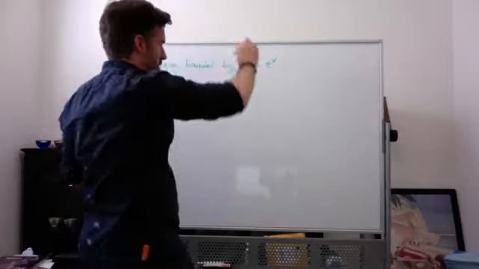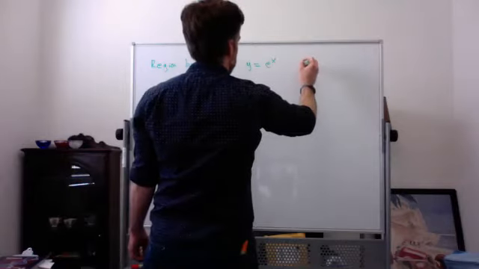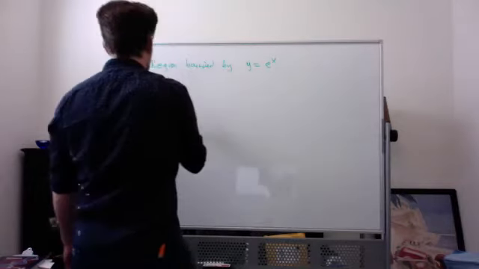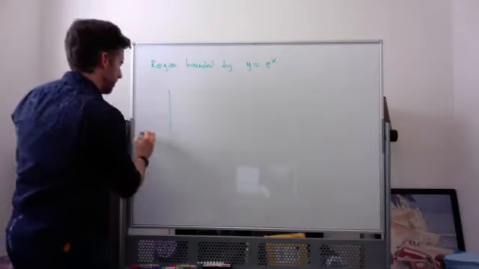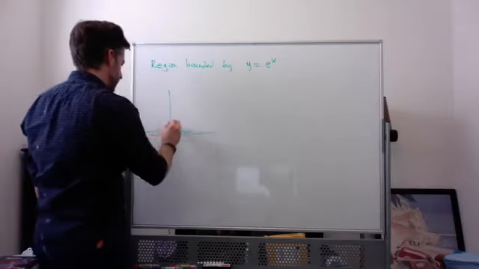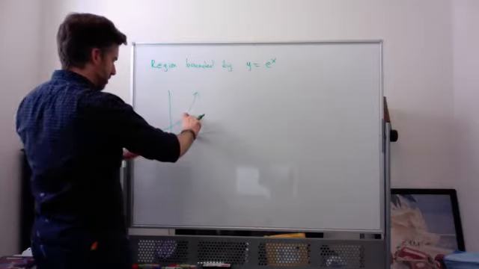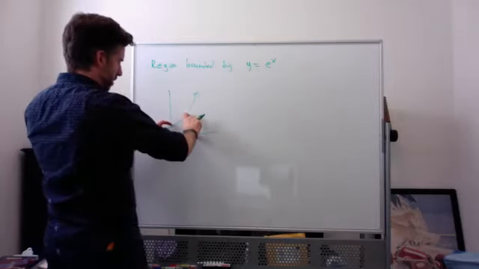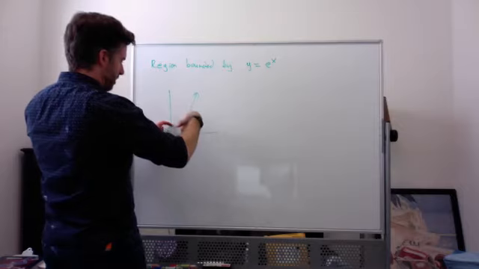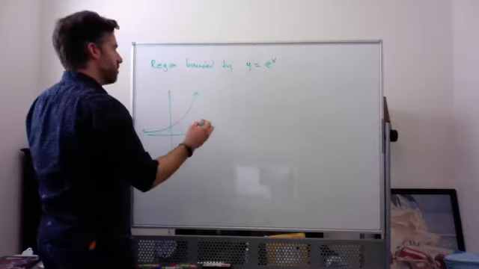Y equal to e to the x. Let me start drawing. So y equal to e to the x. And then I don't want it to be super awful, because if I do that, we're going on the x-axis. Yeah, let's make it not dumb.